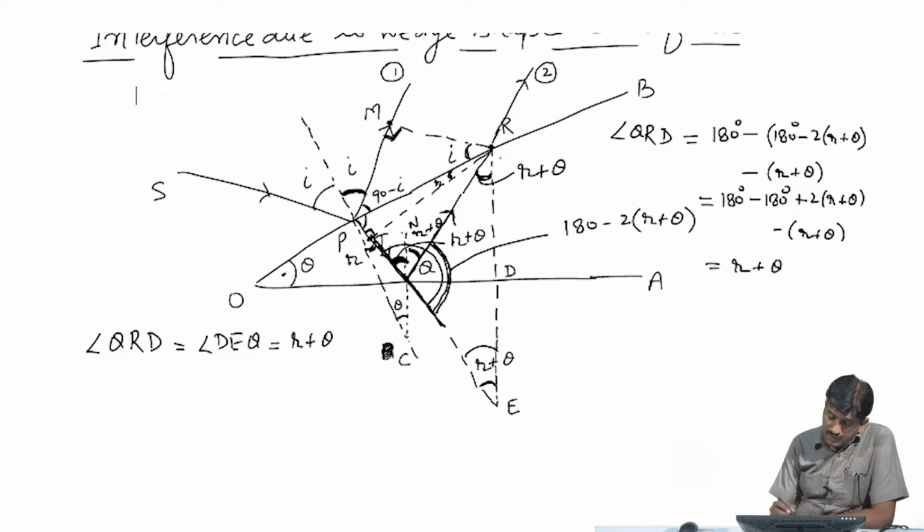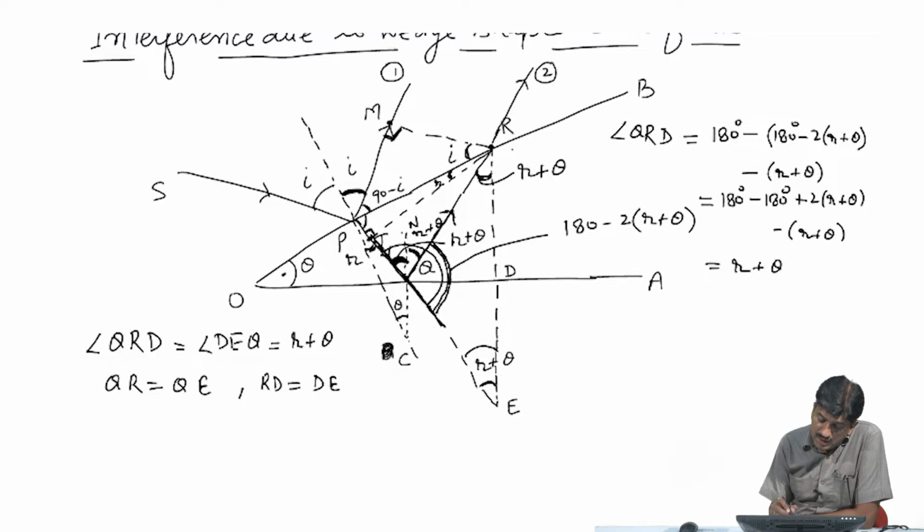Or we can say, due to this, side QR should be equal to QE, QR should be equal to QE, and RD should be equal to DE.